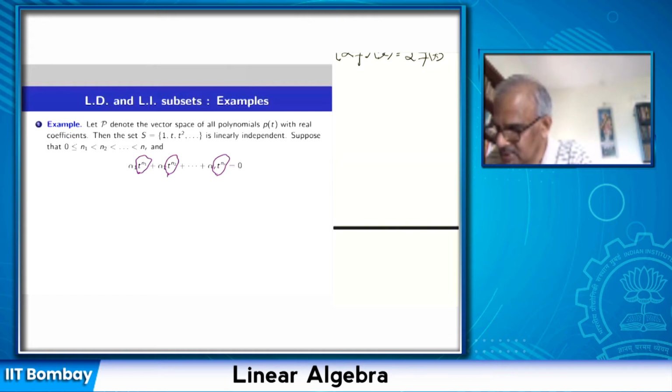Then differentiate nr minus 1 times and substitute, and that will give the other coefficients to be 0. Or differentiate n1 times and put t equal to 0 to get alpha 1 equal to 0, and continue this way. So distinct monomials t to the n1, t to the n2, ..., t to the nr are linearly independent in the vector space of all real polynomials.